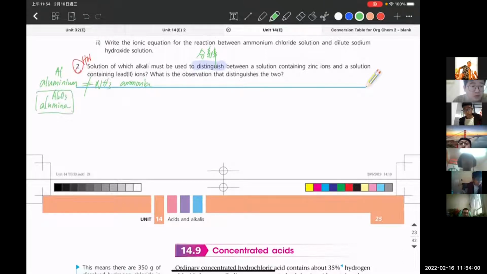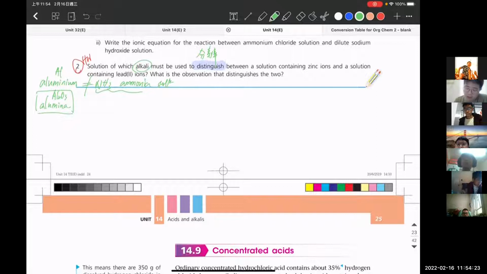But if you say alumina, I don't know what that is. So be aware of the pronunciation of each word, because a slight difference will give you a different meaning. This time we are going to use alkaline ammonia, aqueous ammonia, ammonia solution. It will help you distinguish.